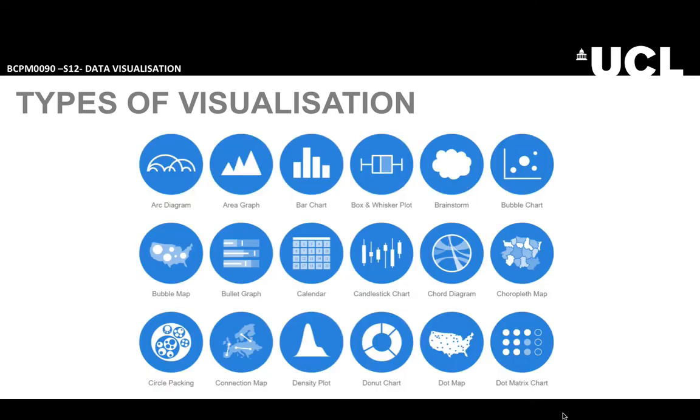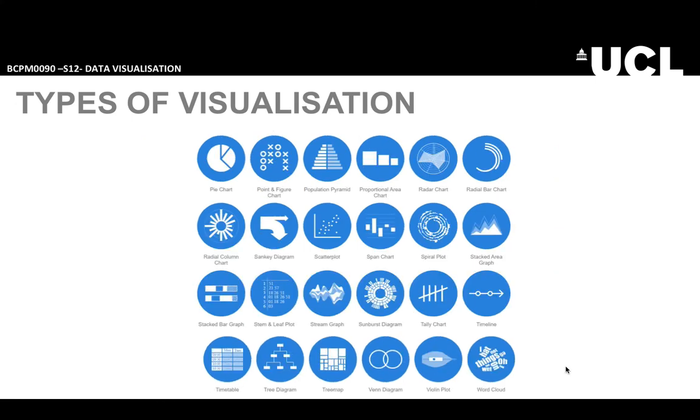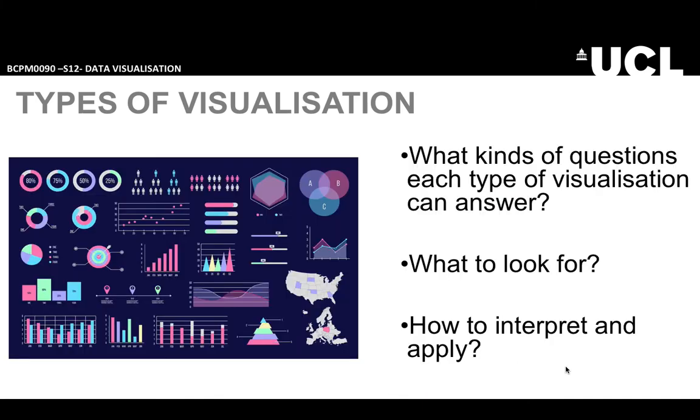Obviously, nowadays we have access to literally hundreds of types of visualization. Here you have some examples, from density plot to brainstorm to bubble chart, dot matrix chart, heat map, parallel sets, network diagrams, illustration diagrams, radar chart, spiral plot, span chart, sunburst diagram, stream graph, many different types of visualization.